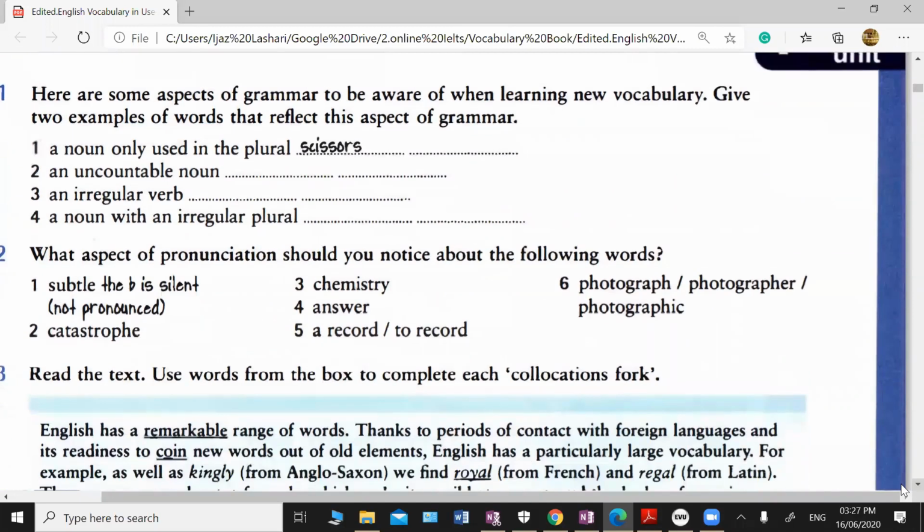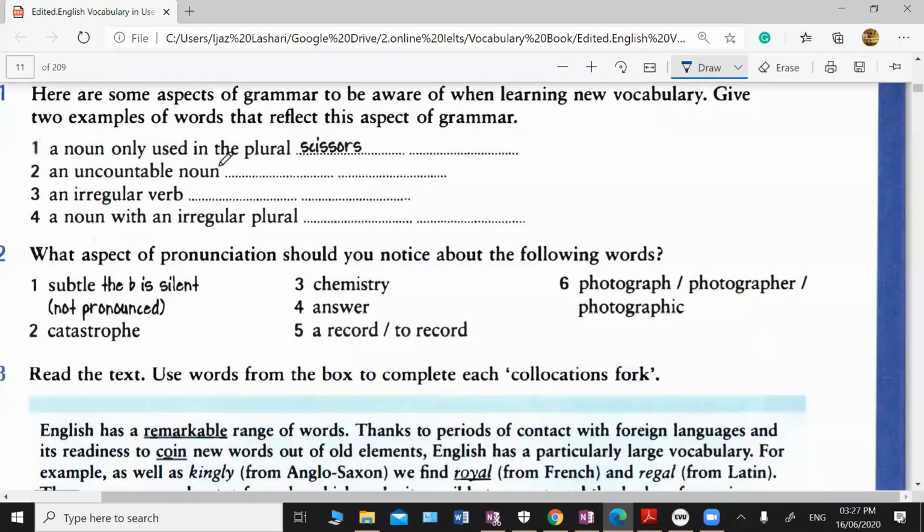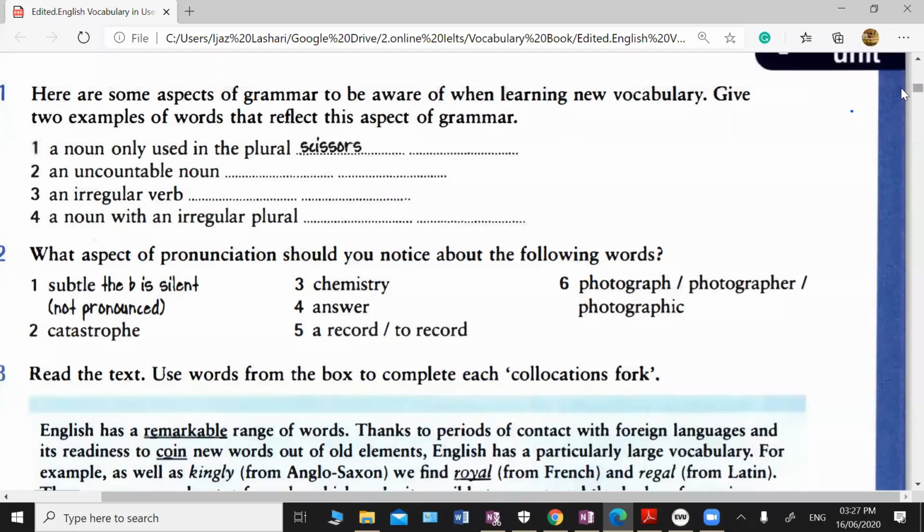This book gives you some exercises. For example, here we have exercise 1. It's very interesting. It gives you lots of information. If you look at question number 1, it says, here are some aspects of grammar to be aware of when learning new vocabulary. Give 2 examples of words that reflect this aspect of grammar.